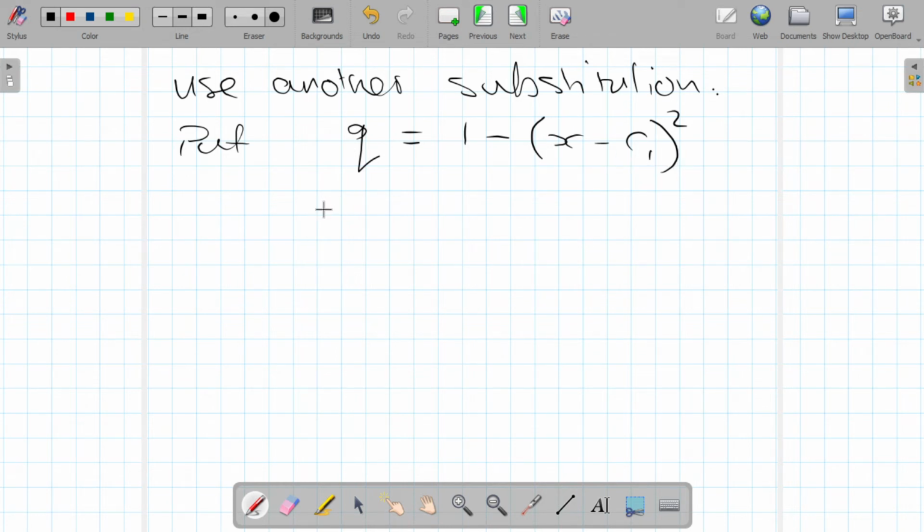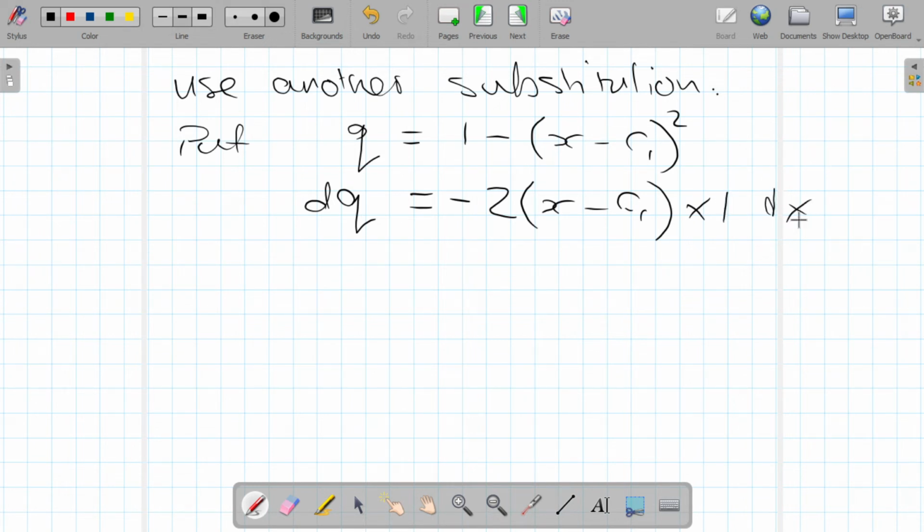Now, to differentiate that, we get dq equals, well, the 1 disappears. We've got a minus sign there. And differentiating this is just like differentiating u squared. You get 2u, except the u is x minus c1. And then when you differentiate the u itself, well, the u is x minus c1, so you just simply multiply by the derivative of everything inside those brackets, and that is 1. And then you've got a dx there.